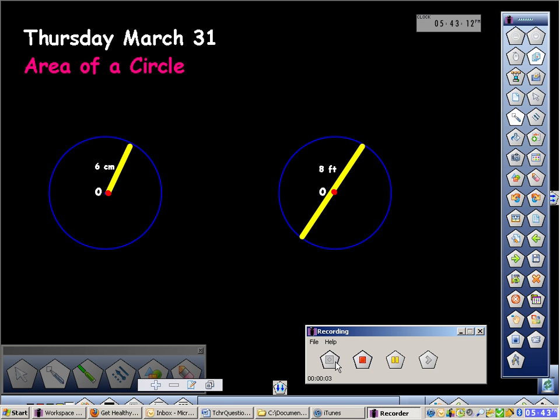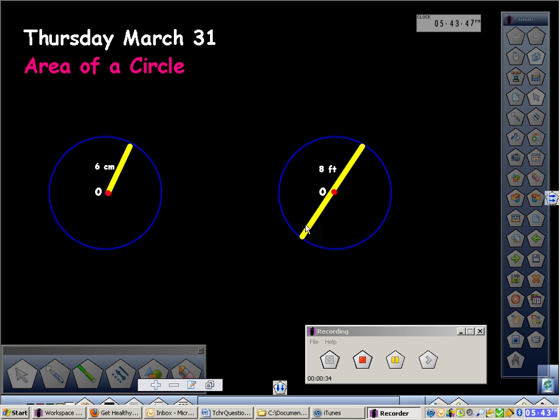Today is Thursday, March 31st, and today we're going to be learning about the area of a circle. Previously, we learned about the radius of a circle. From the center point to the edge is called a radius. From one edge across the middle all the way to the other side, splitting the circle in half, is called the diameter.